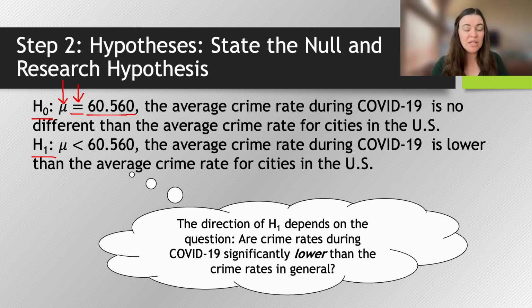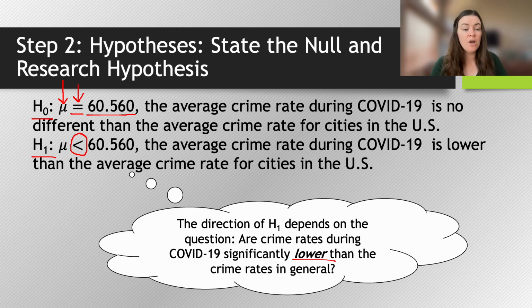Another thing that's a little bit different here compared to our example with proportions is the symbol that we are using for our research hypothesis. The language here is what we want to pay attention to within the context of the problem. So we wanted to know, are crime rates during COVID-19 significantly lower than crime rates in general?